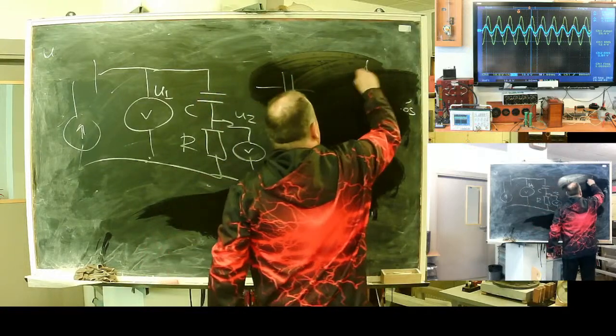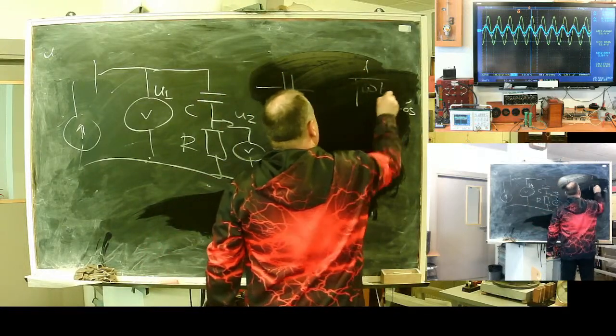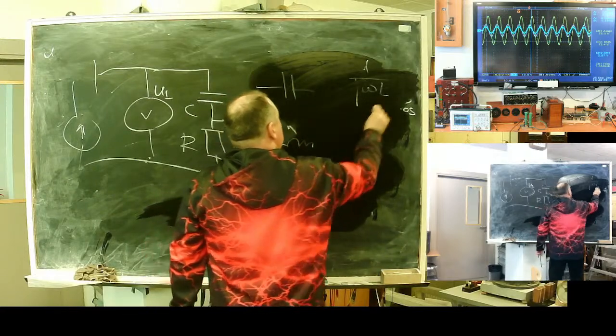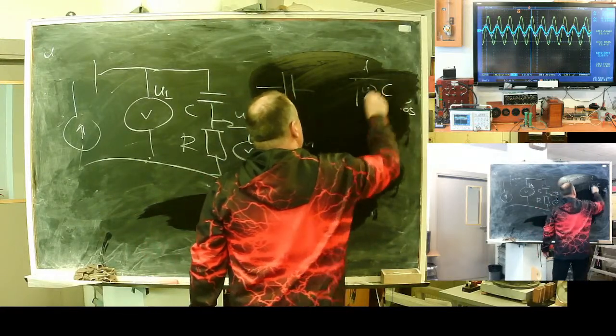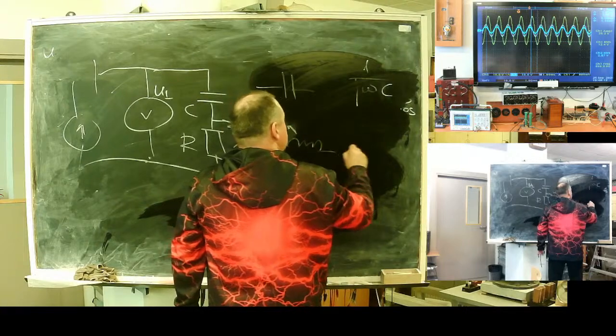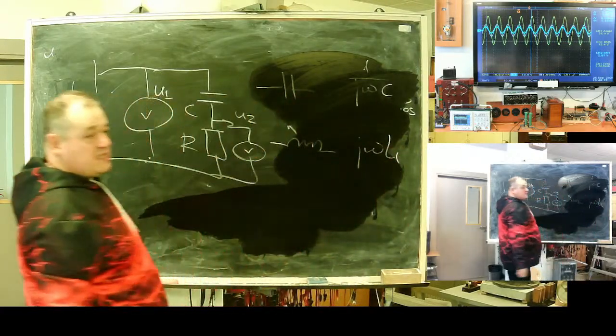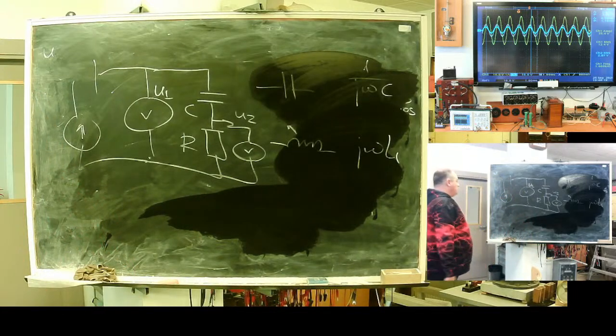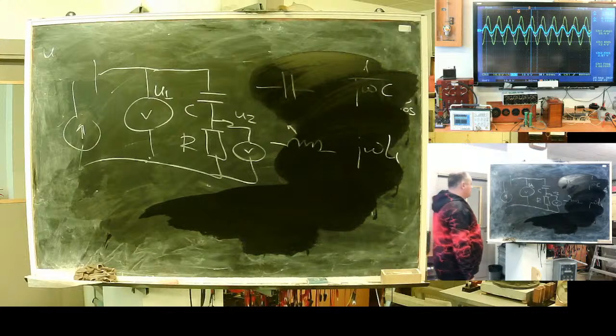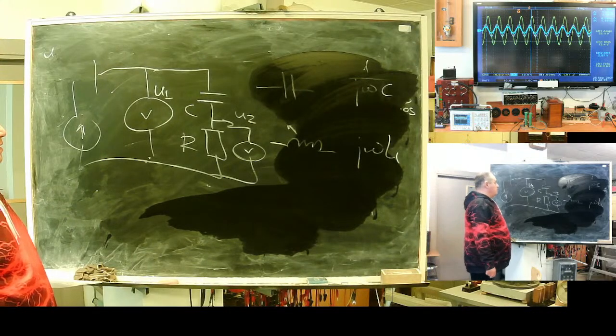Capacitor: 1 divided by j omega C. Coil: j omega L. Imaginary resistance. What's the inductance? It's j omega L.